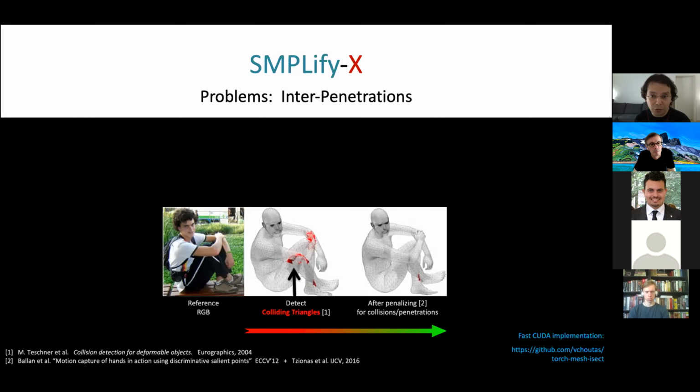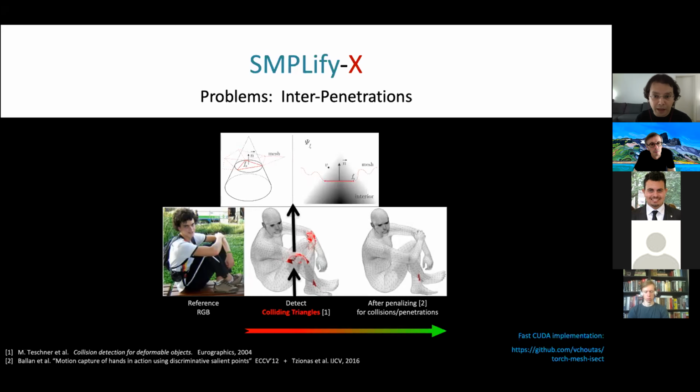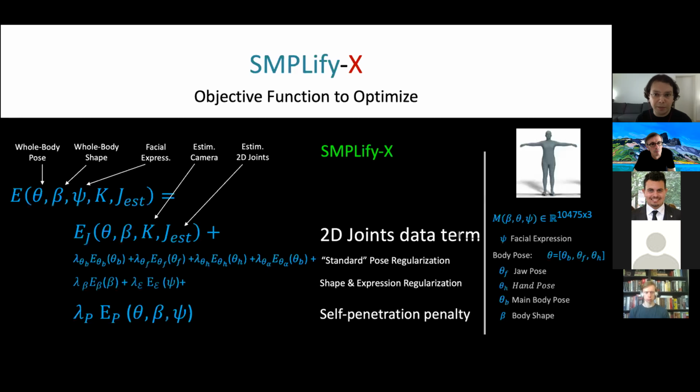For efficiency, we first find the colliding triangles that are highlighted with red color, and then we define local 3D distance fields only for these triangles. For each distance field, we find the penetrating vertices, and we penalize them according to the depth of penetration. This term is implemented as a fast CUDA kernel and is differentiable. We combine these terms in an energy function epsilon, and this looks similar to SMPLify, but with all terms updated.